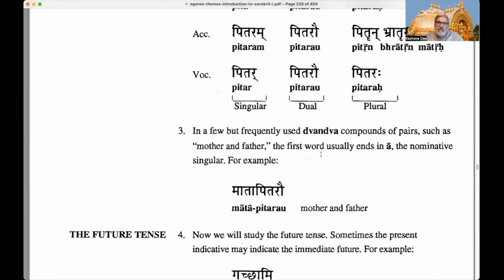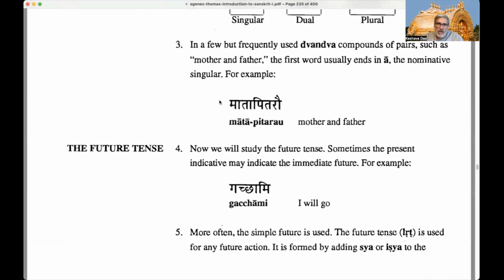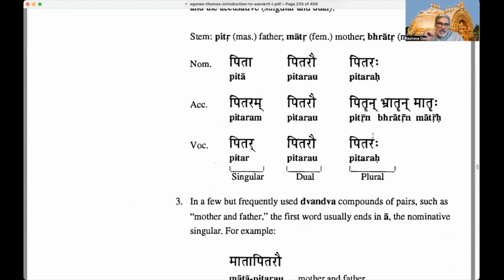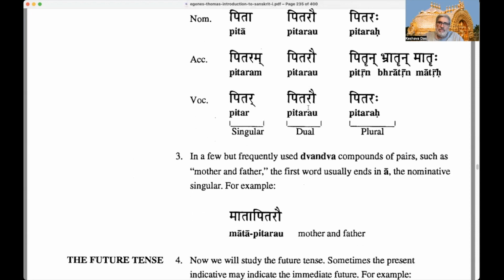Same thing with pitri. If we wanted to do it the other way around, it would be the same. Mata pitarau means mother and father, and we could say father and mother, and it would be pita matarau, right?